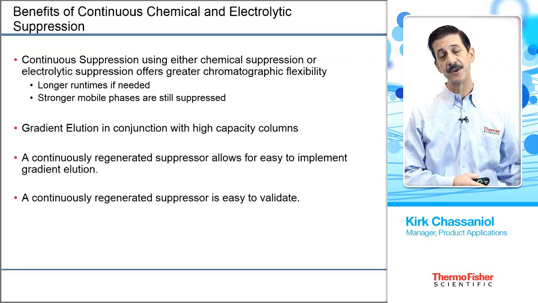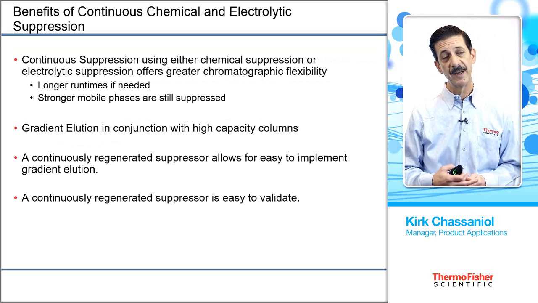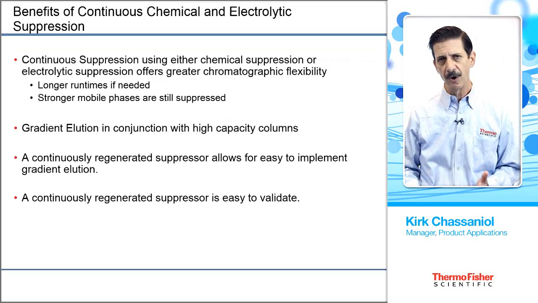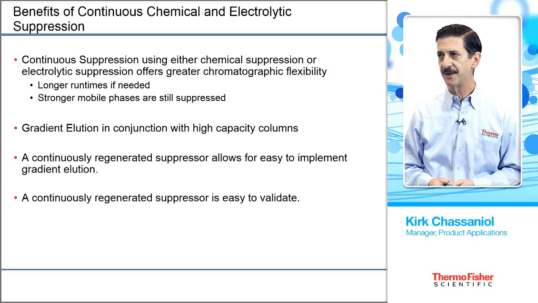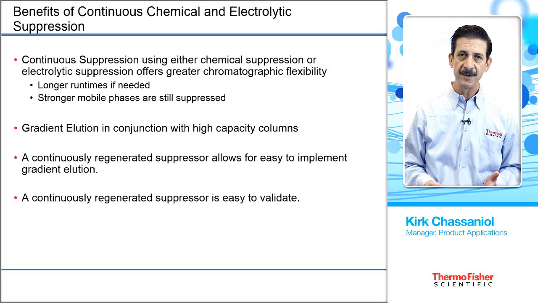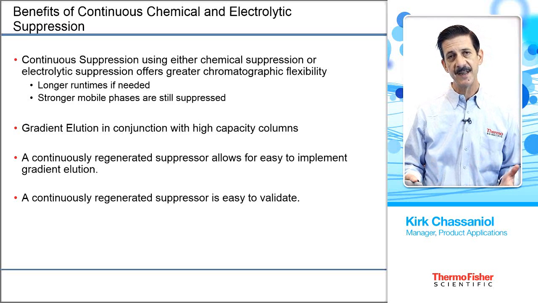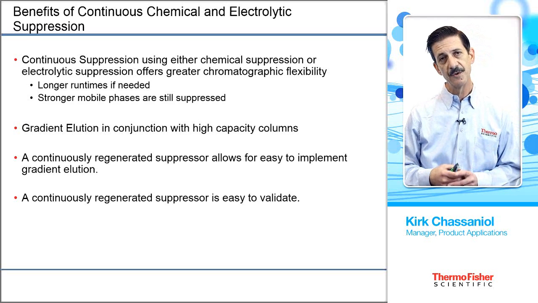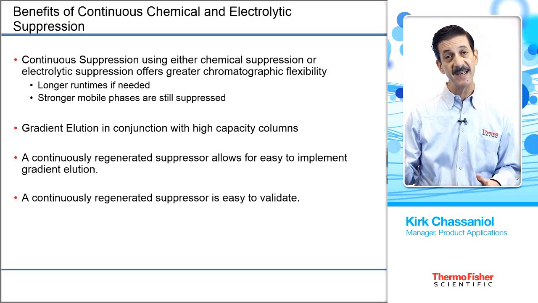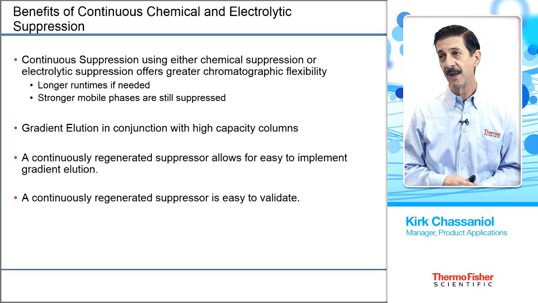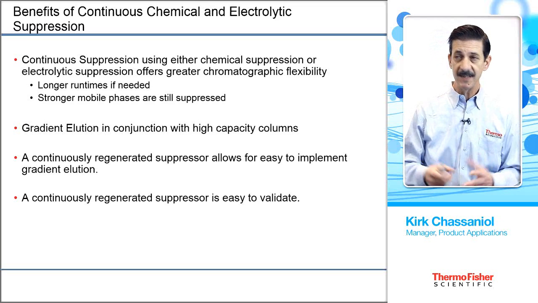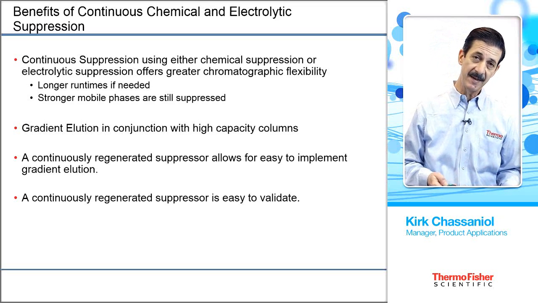I don't have to take the suppressor offline to be regenerated. It allows me to use stronger mobile phases and not worry about possibly exhausting my suppressor. Gradient elution, which is a nice technique to help resolve closely eluting species or speed up an analysis, is possible with continuous suppression. And again, it's easy to implement and easy to validate as well.